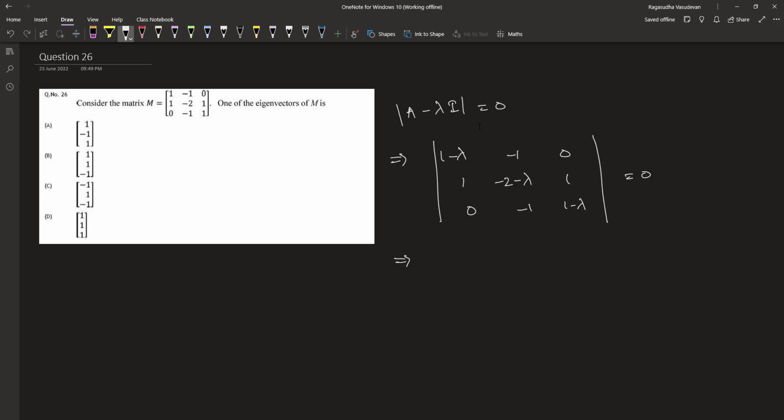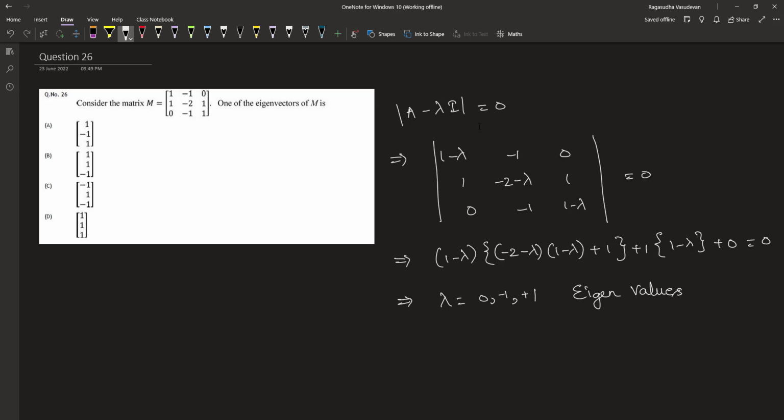The characteristic equation is 1 minus lambda into (-2 minus lambda) times (1 minus lambda), plus 1 into (1 minus lambda), plus 0, is equal to 0. So, if we solve this equation, we will get the values of lambda as 0, minus 1 and plus 1. These are the eigenvalues.